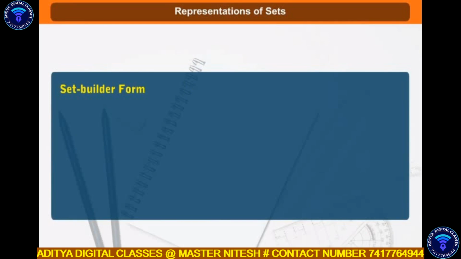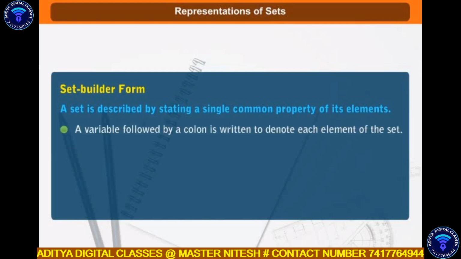However, in some instances, it may not be possible to list all the elements of a set. In such cases, we could define the set by another method called the set builder form. In this form, a set is described by stating a single common property of its elements. A variable followed by a colon is written to denote each element of the set.